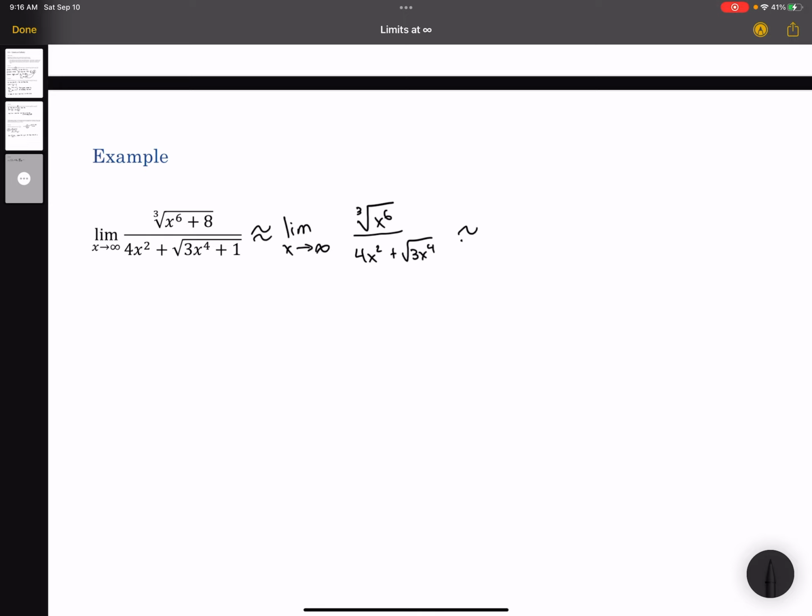And that is exactly equal to the limit when x approaches infinity. So the cube root of x to the 6th is x squared.